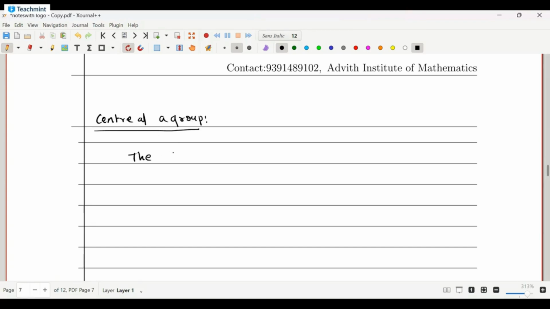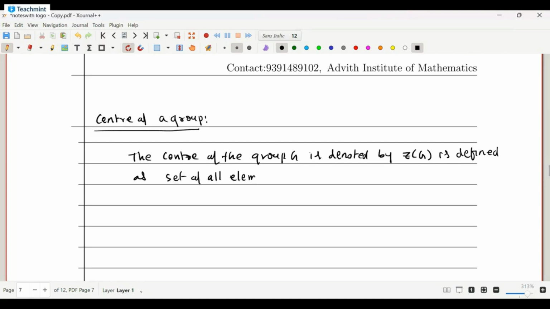That means the center of the group G is denoted by Z of G and is defined as the set of all elements in G that commute with every element of G.